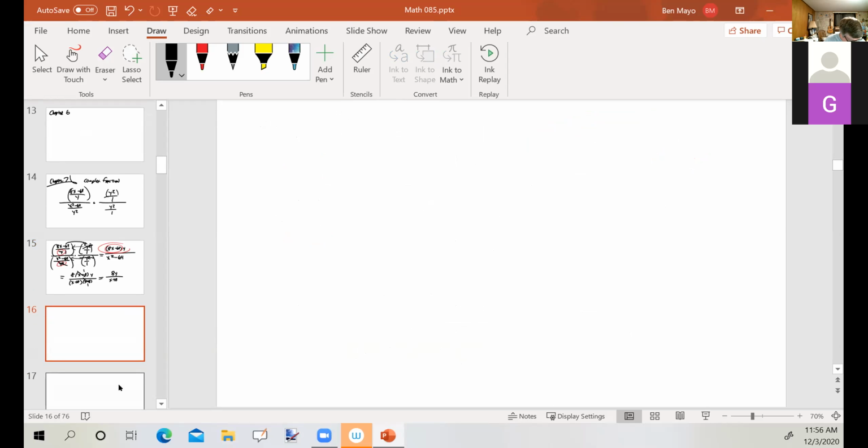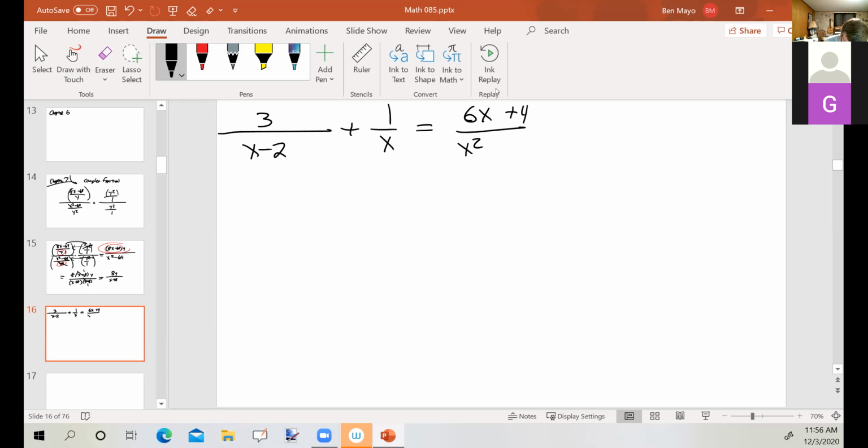Sure. Okay, let's say we've got 3 over x minus 2 plus 1 over x equals 6x plus 4 over x squared minus 2x. Now we need to find the least common denominator, and to do that we need to factor each denominator.